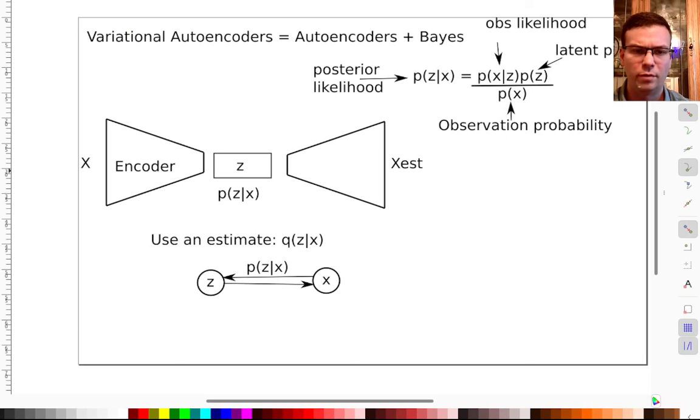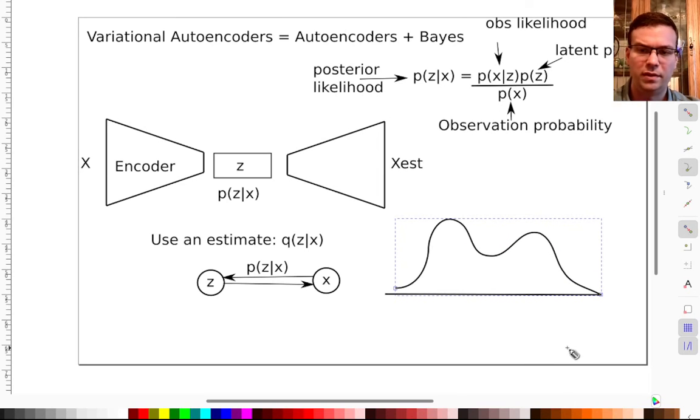Let me draw out maybe a hypothetical P and a hypothetical Q here. So let's suppose that our P looked like this. Maybe it's a little bit more complicated than just a unimodal Gaussian, right? Maybe it's not just a Gaussian, but it's got a couple humps, a couple modes here. So this one I'm going to call P of z given x. That's the thing I want to approximate.